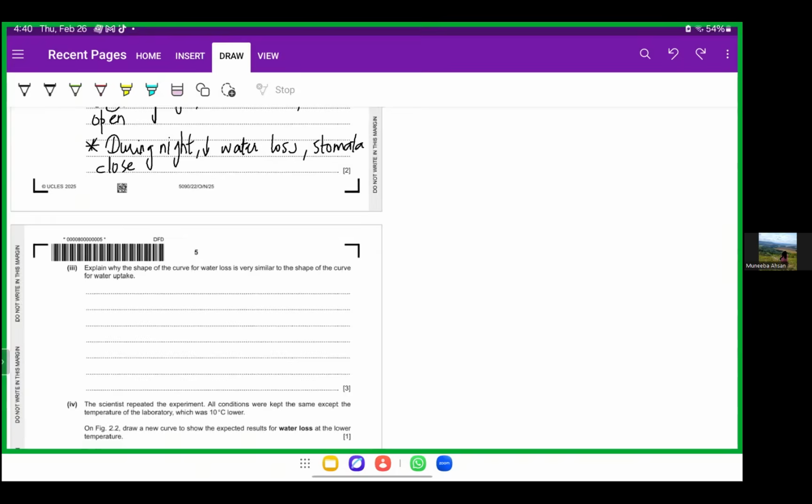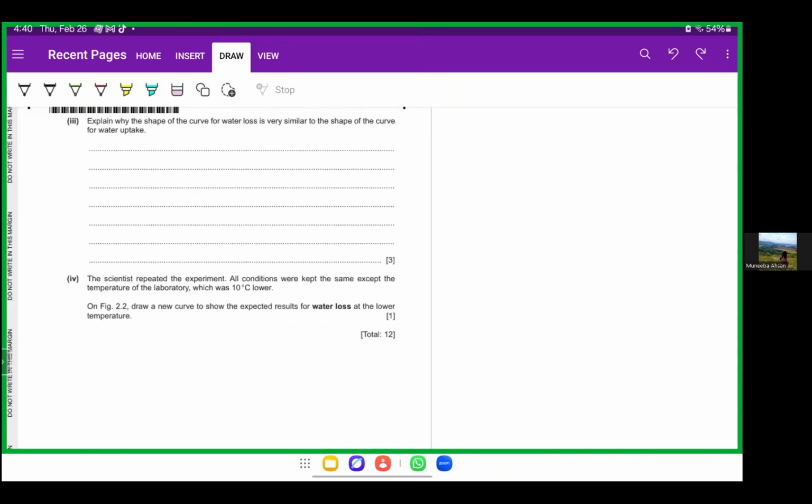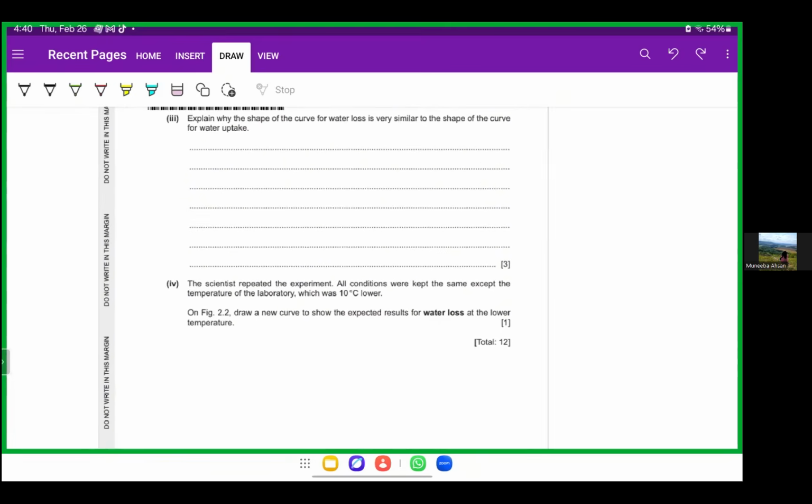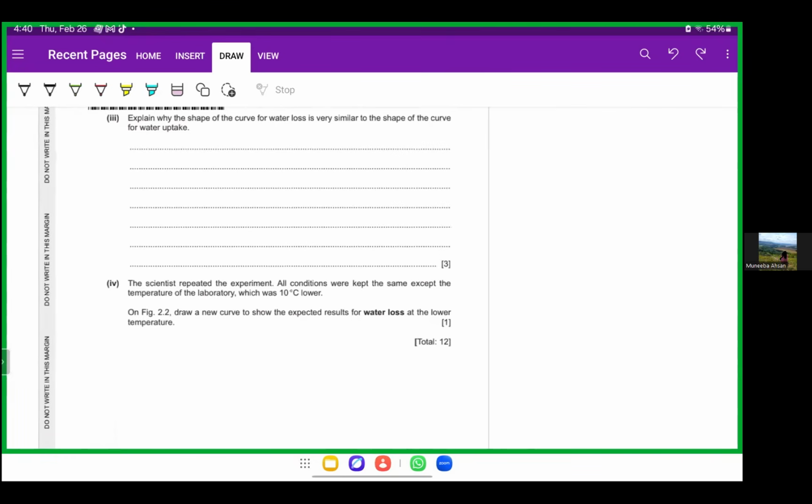Okay, let's move on to the next part. Explain why the shape of the curve for the water loss is very similar to the shape of the water uptake. Because it's a very general phenomenon, even in the human body: the more water you lose, the more thirsty you are, right?